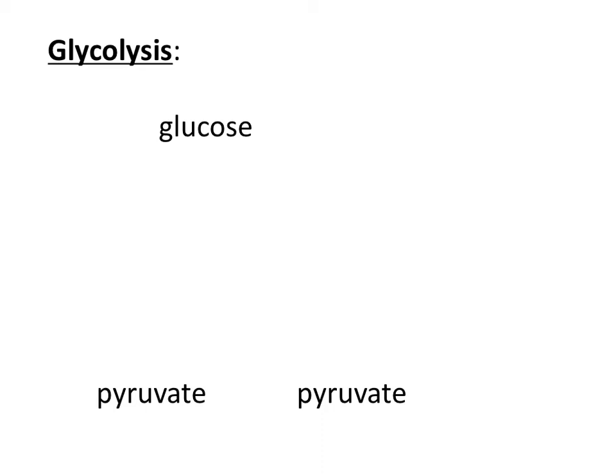Okay, so to get us started, in glycolysis, the starting molecule is glucose. That molecule enters the cell, and then it is in the cytoplasm where there are a bunch of enzymes, meaning a bunch of proteins that will modify that glucose molecule. The initial steps of modifying that glucose are called the energy investment phase.